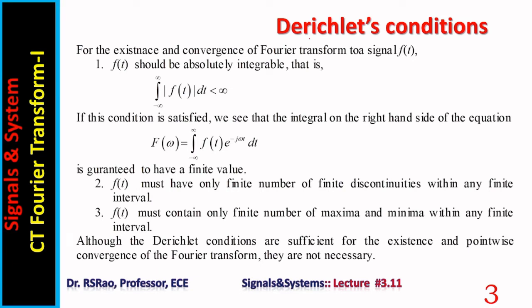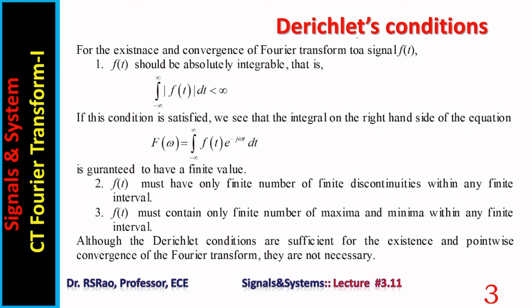Now let us move to another aspect of CT Fourier transforms. It is Dirichlet's conditions. What are Dirichlet's conditions? It has been told that CT Fourier transform is meant for continuous time non-periodic signals.